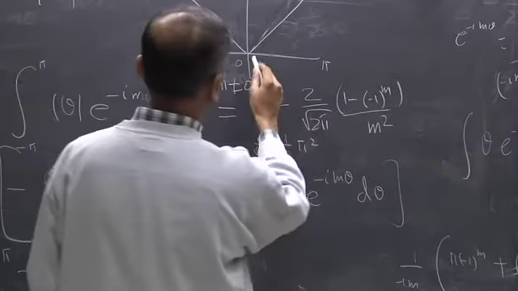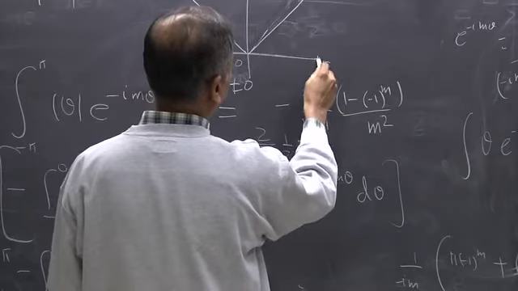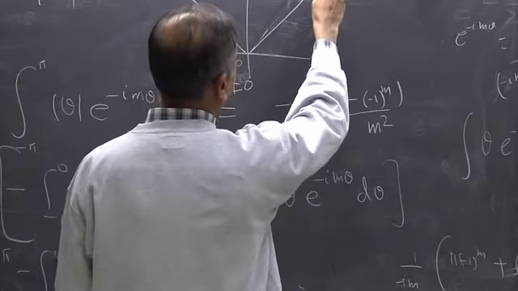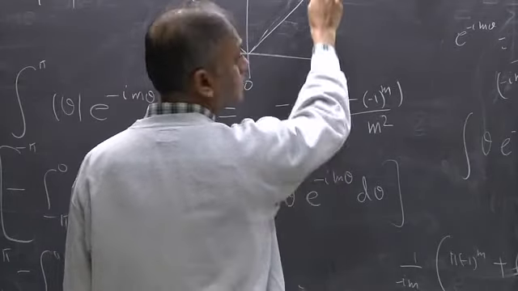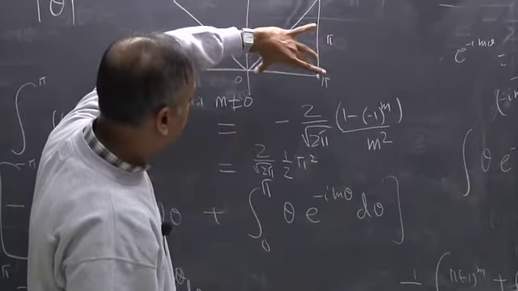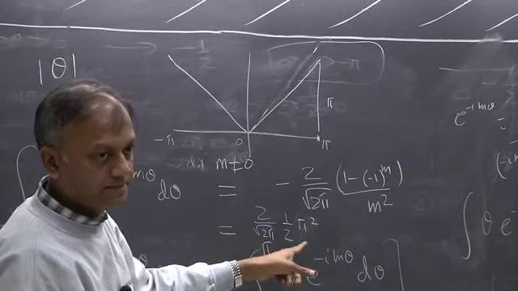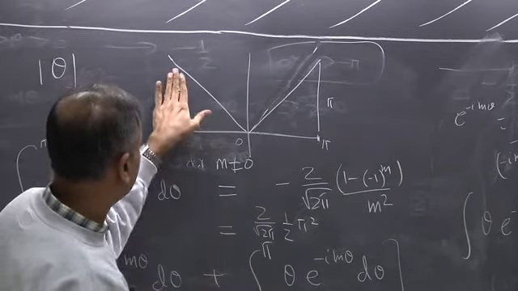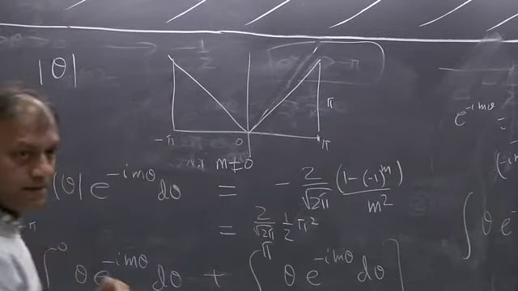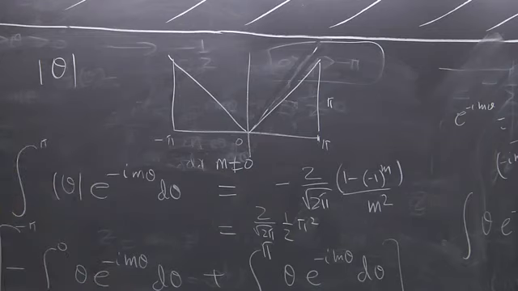Because this is theta. So at theta equal to pi, this is also pi here, right? So the height times this length divided by 2, so 1/2 pi square. And there is a factor of 2 because it's exactly the same area here also. Okay. So these are the Fourier coefficients.